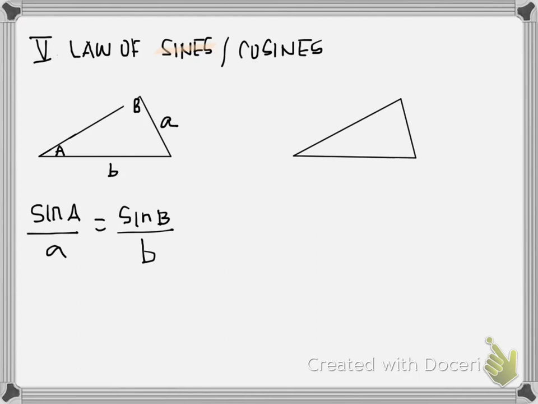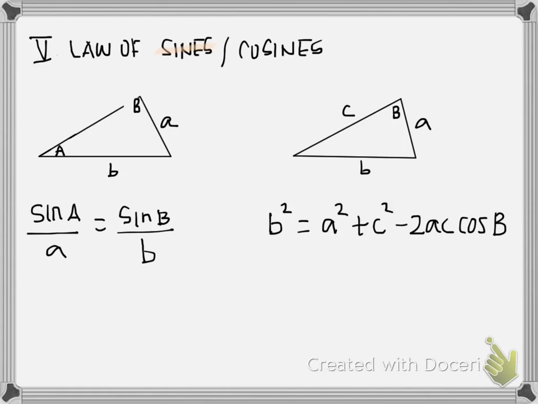Let's say you know angle B up here, and you want to find the side that is opposite, and you know the other two. What we would do here is say B squared is equal to A squared plus C squared minus 2AC times the cosine of that angle B.